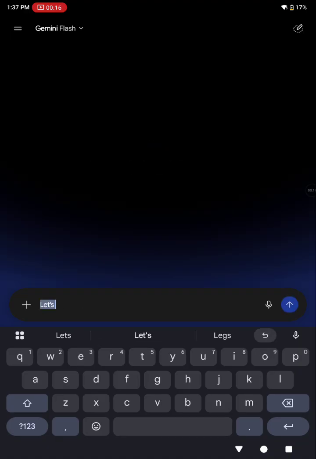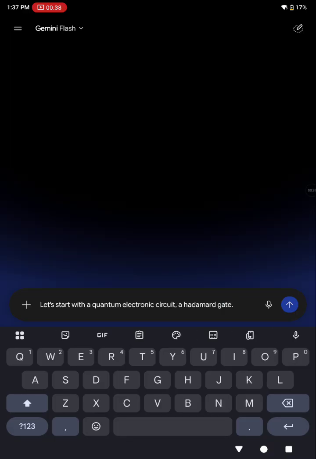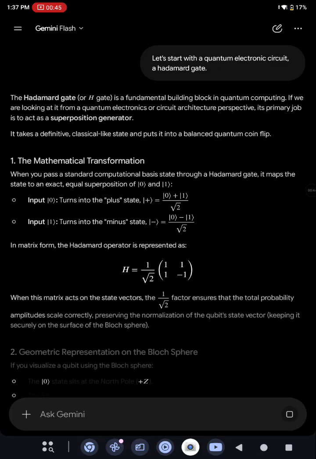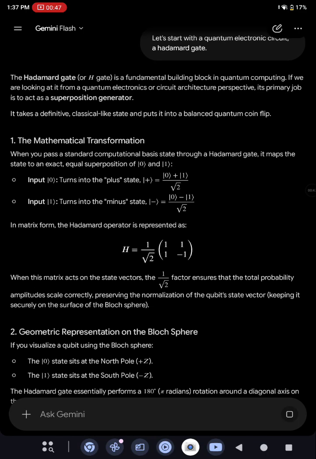So let's get started with quantum physics and quantum dynamics by using a quantum electronic circuit with a Hadamard gate. We're just going to start with a Hadamard gate, not a whole quantum computer, not the basics of quantum physics.